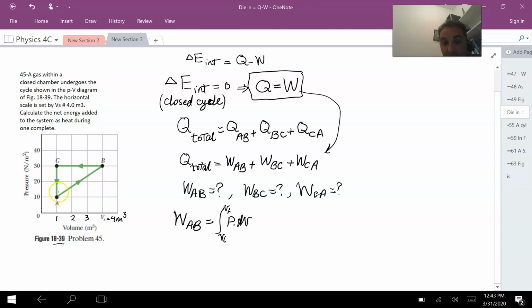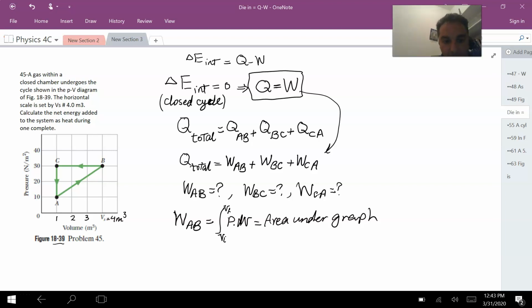Pressure varies with volume as I go from A to B. That is what I did in previous homework solutions. The second way is that we can go with the area under the graph, correct? You can go by calculus one. Either works.